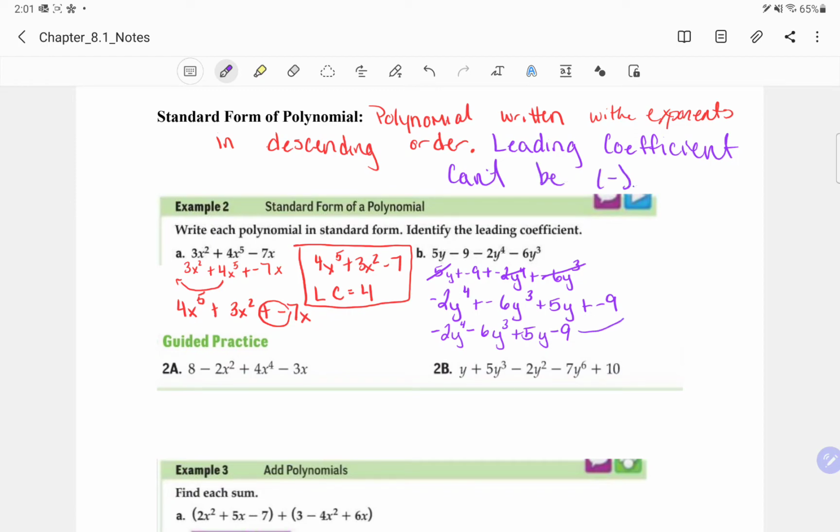So that means I have to basically multiply all of this by negative 1 so that I can make this number positive. So this is going to become 2y to the 4th plus 6y cubed minus 5y plus 9. And my leading coefficient is 2.